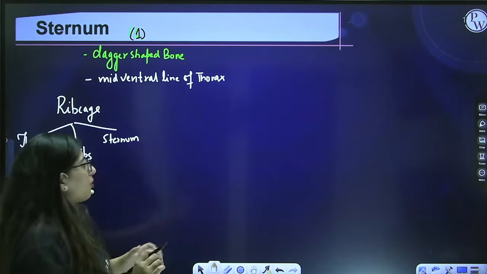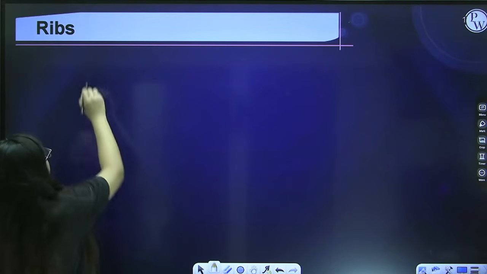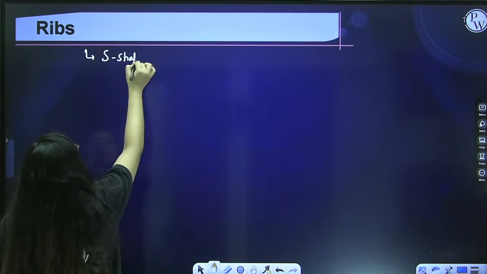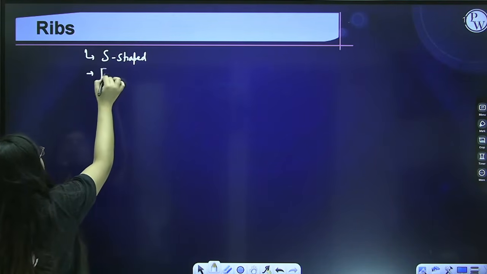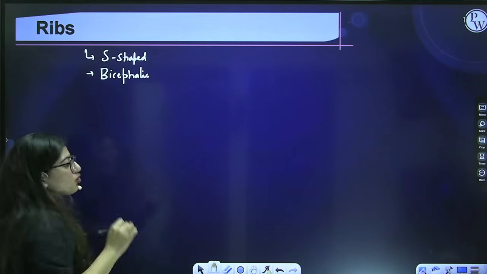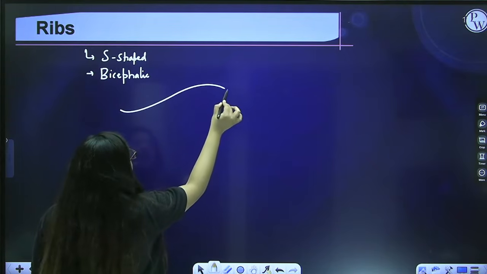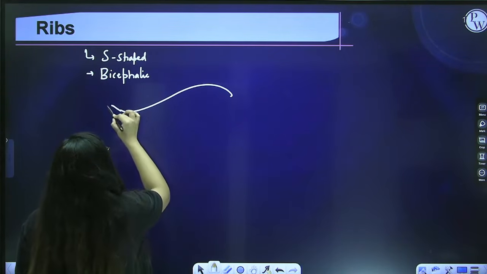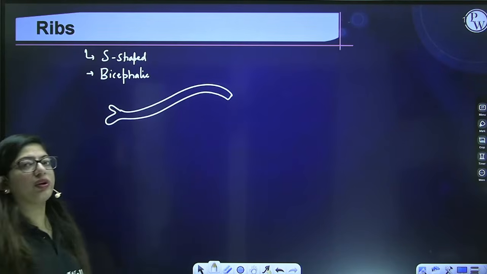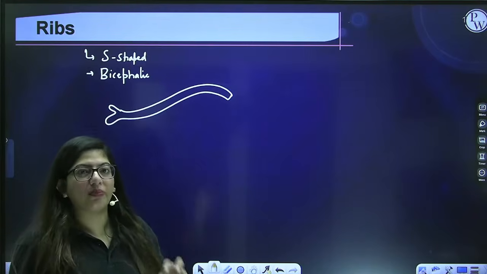If I talk about ribs, ribs are S-shaped bones, and they are bicephalic. Bi means 2, cephalo means head. So their shape is just like this. They have 2 heads.